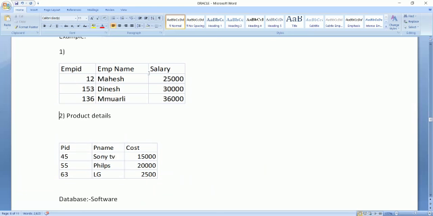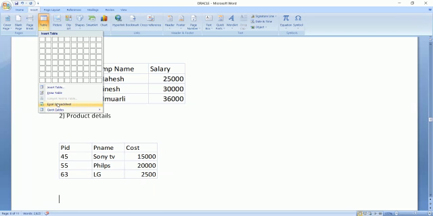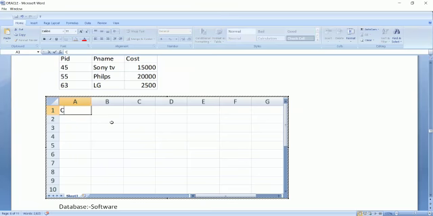What if we have a relationship? In the customer table, customer ID will be there, customer name is there, cost is there.